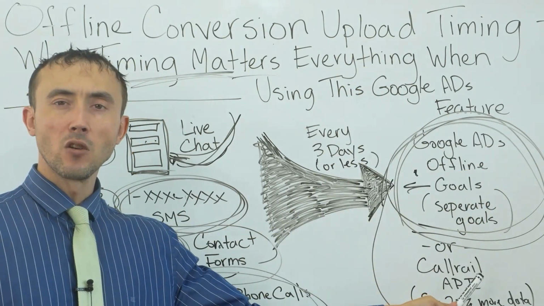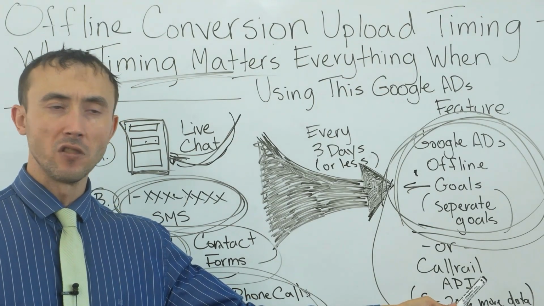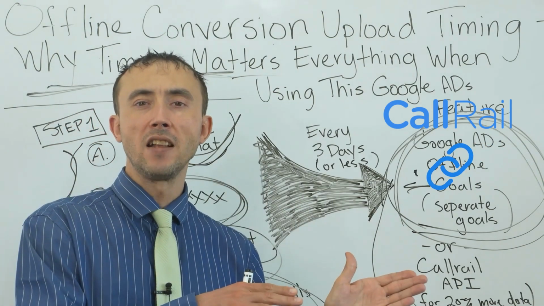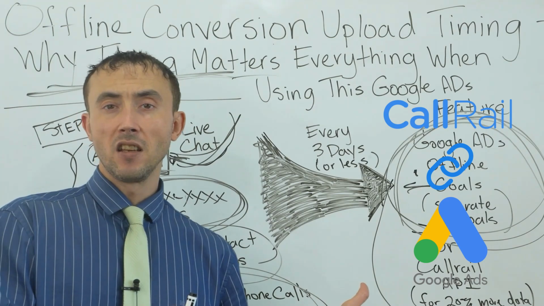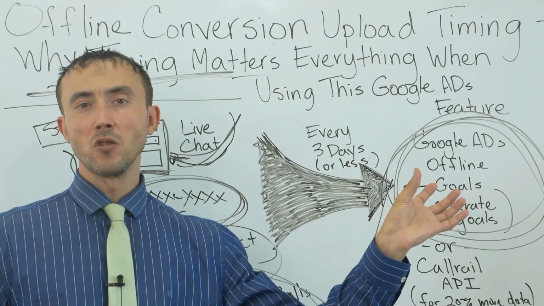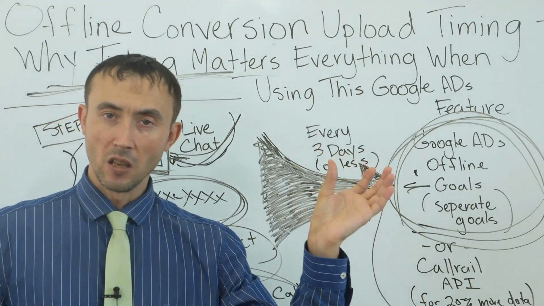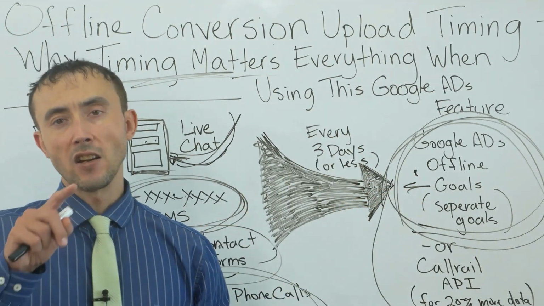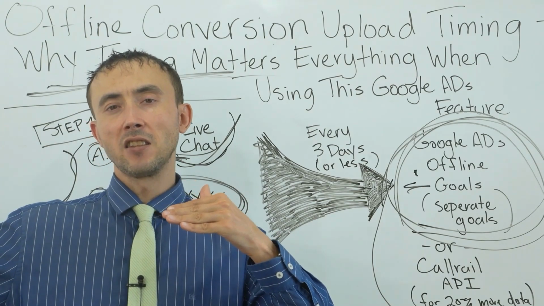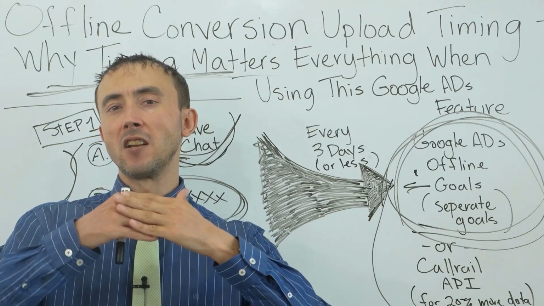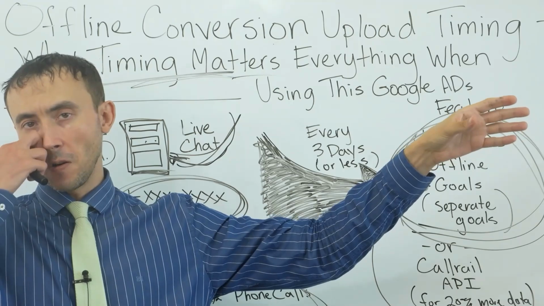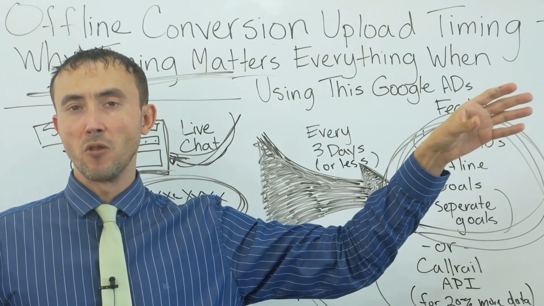Now, if you use the Google Ads API to upload your offline conversions, or you just use your CallRail account and instead of uploading them manually, you link your CallRail account to your Google Ads account using the CallRail to Google Ads integration, the direct integration, then because the integration automatically creates a conversion goal inside your Google Ads account for each channel, the forms and the phone calls, you can actually find the call record that originally came in that eventually led to a sale, take the sales revenue, put it in the value box under that call record inside CallRail, and then automatically that revenue will show up under that call goal in your Google Ads account that was automatically created by CallRail through the integration.